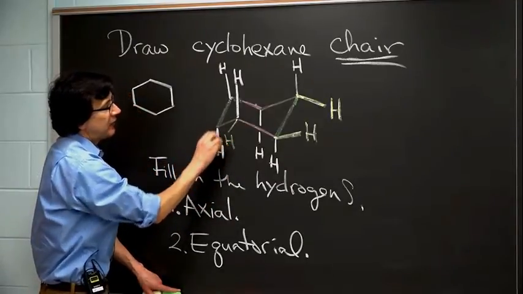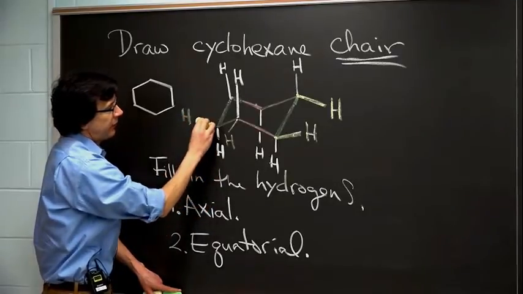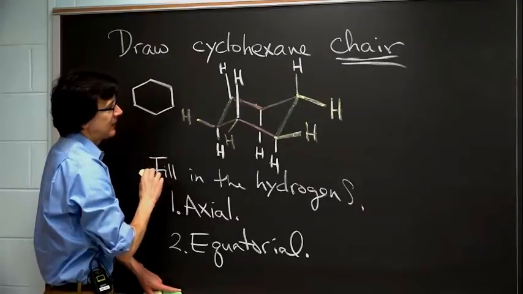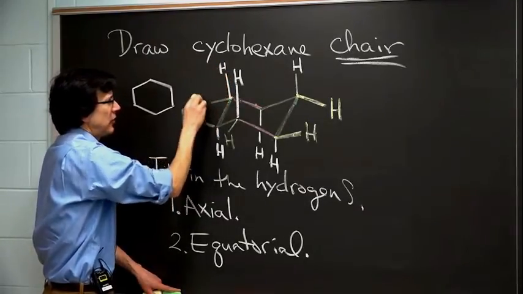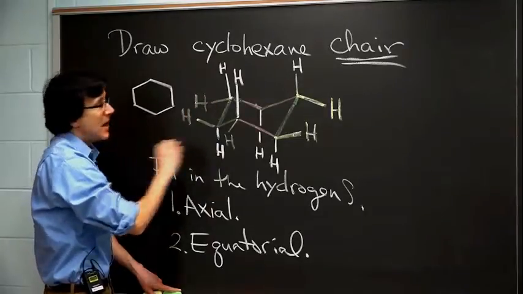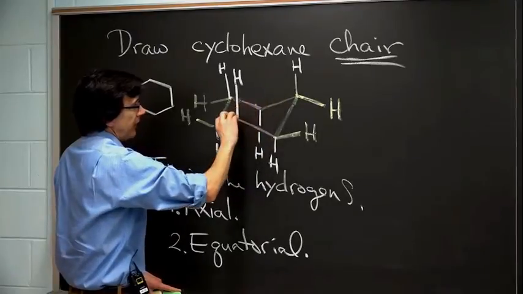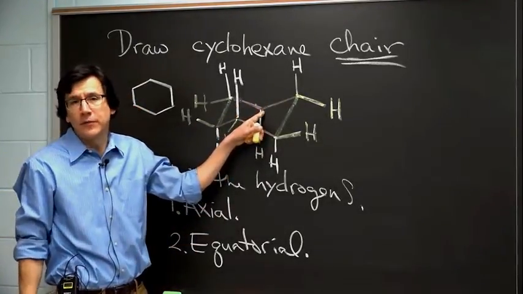And then axial down, equatorial up. This should be parallel to that. This should be parallel to that. This one, axial up, so I need an equatorial down bond there. And this one should be parallel to the orange bonds there and there. And finally, this one is probably the hardest one for people to do.